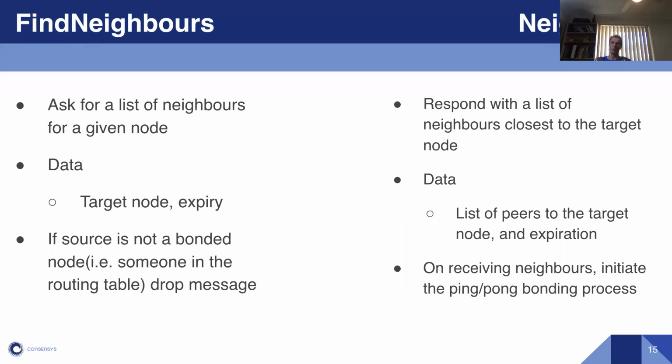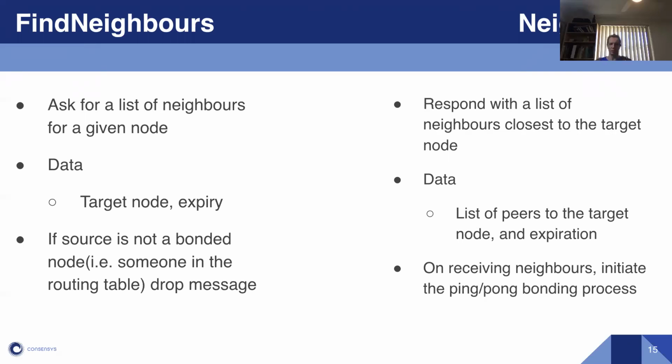The find neighbors message goes to a node and says, give me a list of the neighbors that you know about for a given node, which might be a completely different node. What you send is the target node that you want to look up the set of neighbors for, and an expiry. As we've mentioned before, if someone is sending a find neighbors to you and you receive it and you have not bonded to that node, then you drop the message.